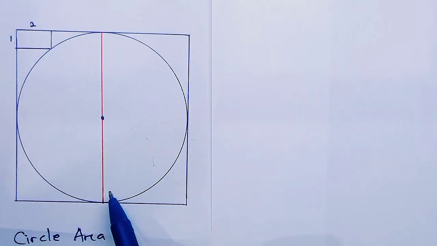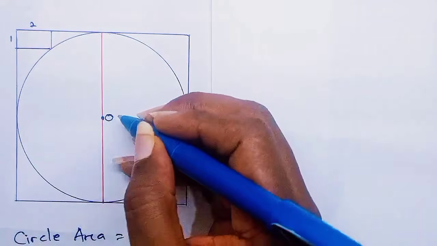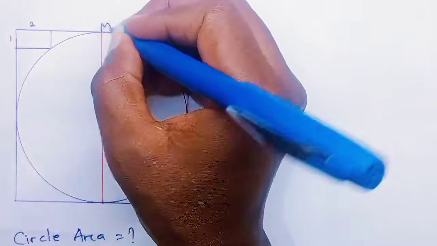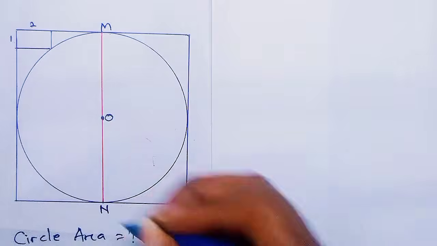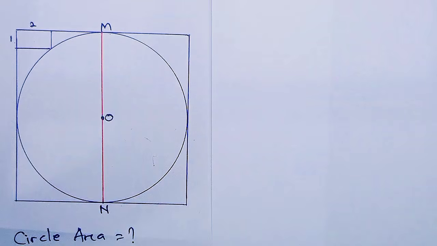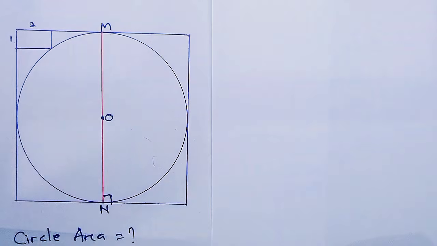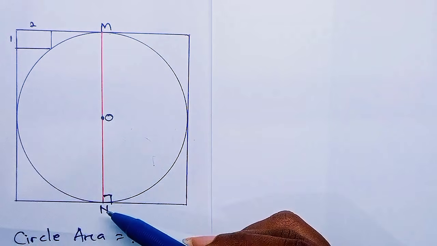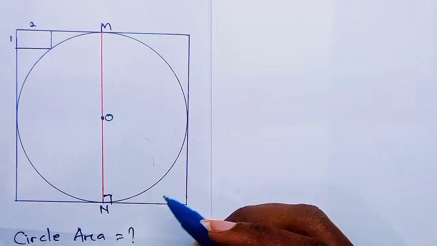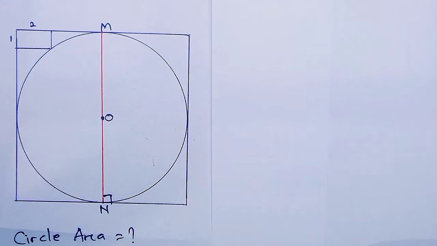It is perpendicular to these lines of tangency. Okay, let's call this center O. Let this be M and this point N. As we've already said, this is 90 degrees because of the tangent to circle theorem. The diameter is perpendicular to the tangent to the circle.